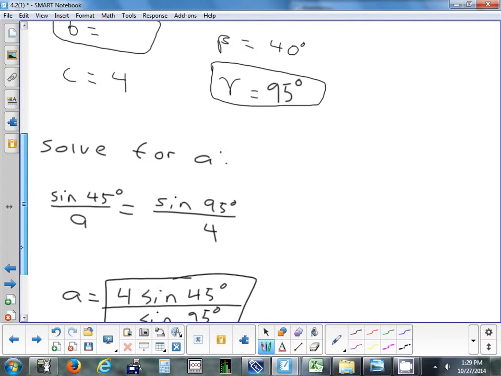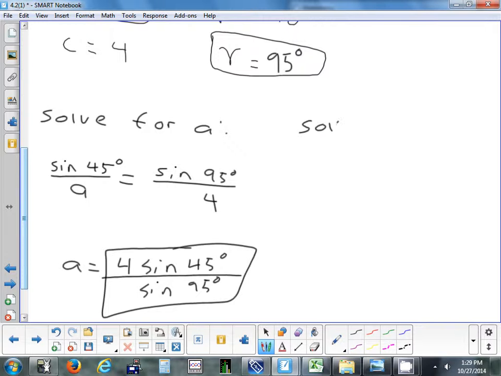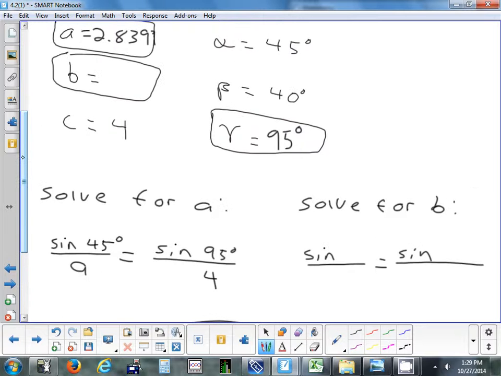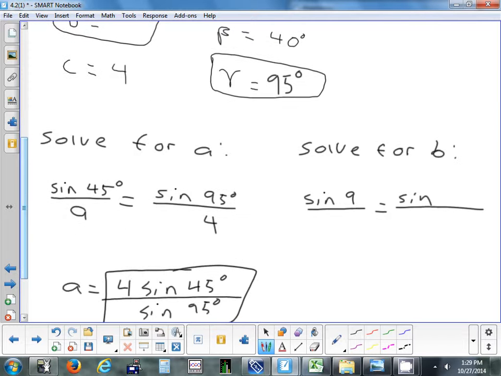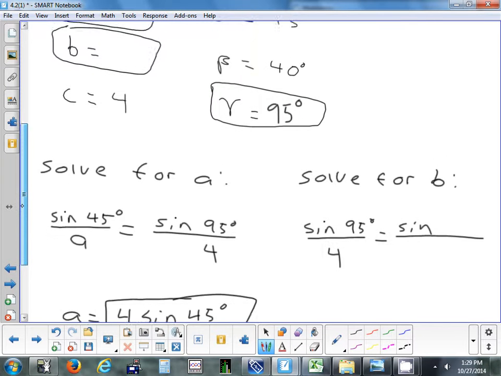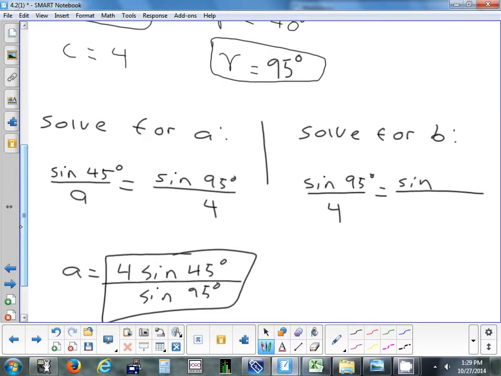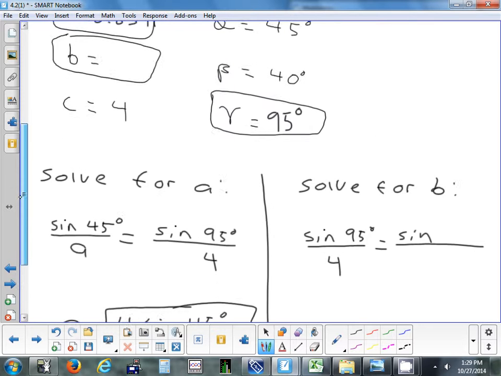Okay, so let's finish up and solve for B. What row are we definitely going to use again to find B? Yeah, we're definitely going to use row C again. It doesn't matter if you put it on the left or the right, it's the same thing. And what's going to go on the other side? Sine of 40 over B. Yep.